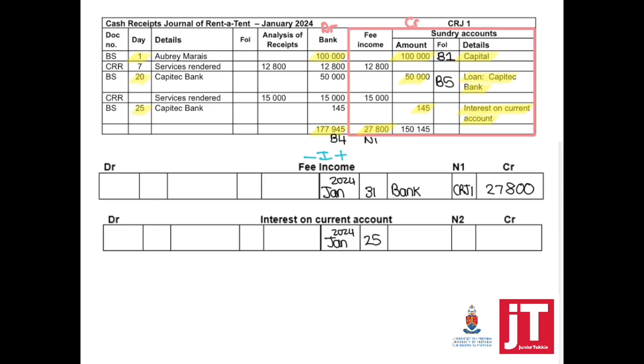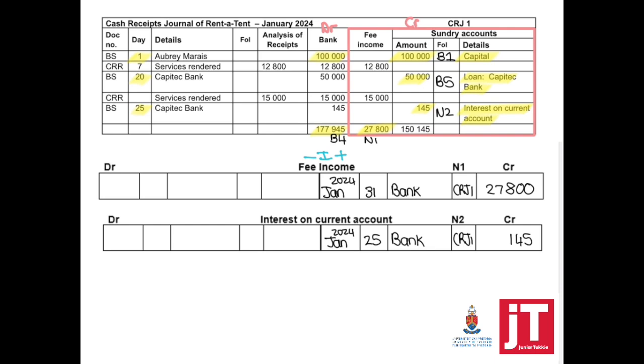January 2024, on the 25th, my contra account is bank, cash receipts journal, and the total is 145. Last step, indicate that you have posted that 145 to account number N2 in the nominal account section in the general ledger.